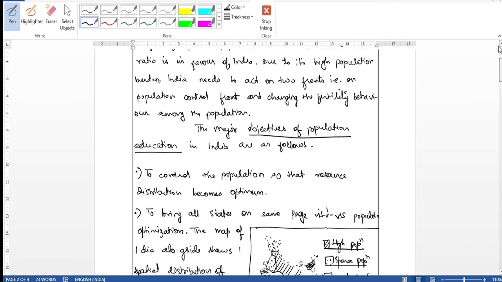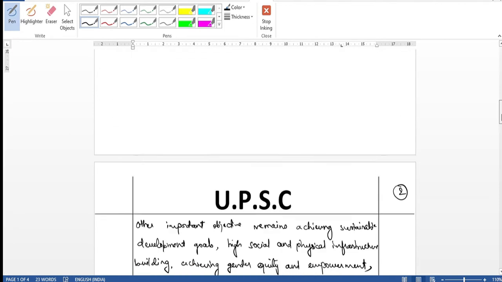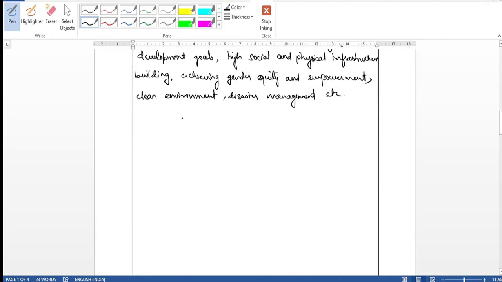Now, however, there is a caveat here. And what is that question? Point out the measures to achieve them, in detail. Thus, India is striving hard to achieve these objectives. Now it's a Paper 3 question, so government schemes are compulsory here.